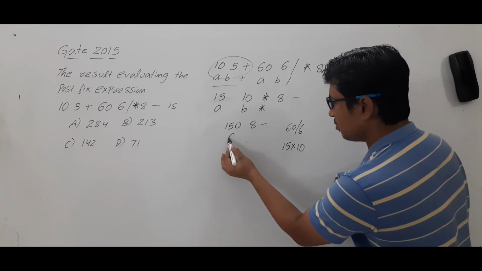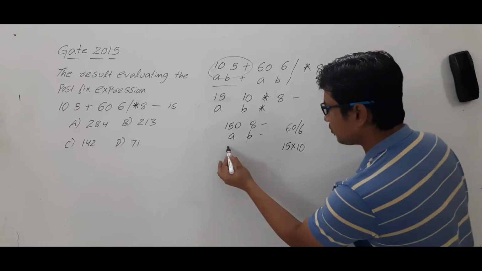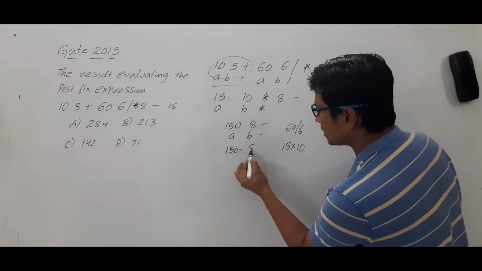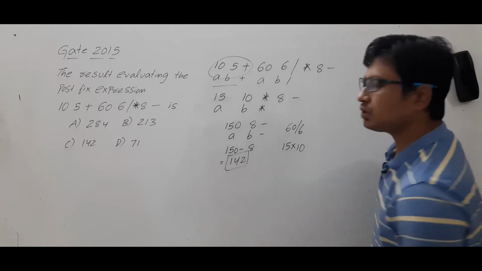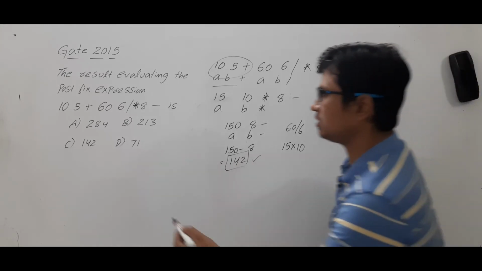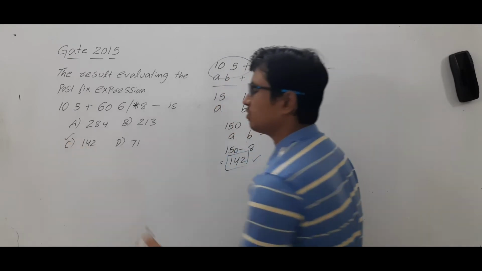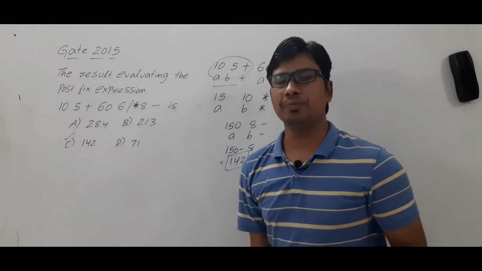Again this is in the form of a, b subtraction. So you can perform 150 minus 8, which is equal to 142. So without using the stack, we have simplified this postfix expression and we got the value as 142. Is it clear? 142 is option C.